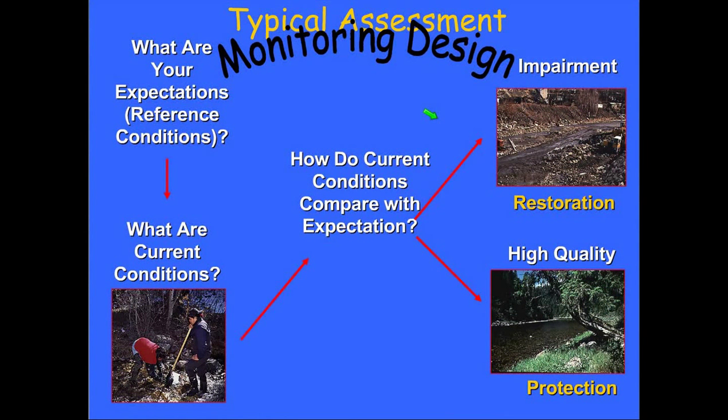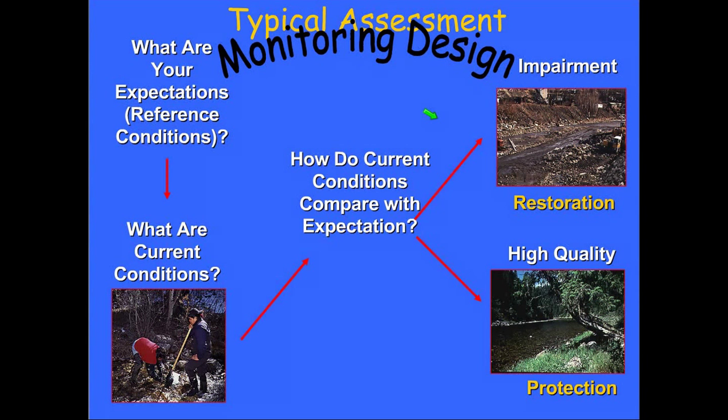We usually start out when we want to monitor something because we're reacting to something. You have some expectation. You want your river, your lake, your estuary to look like, behave like, be healthy. You have an expectation. And then you go out and you monitor it.